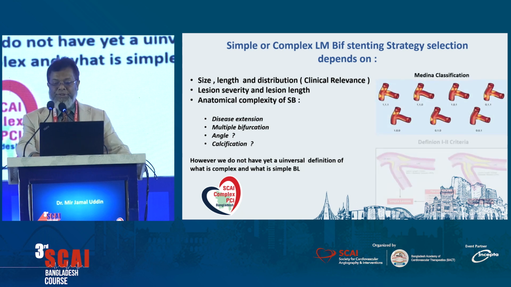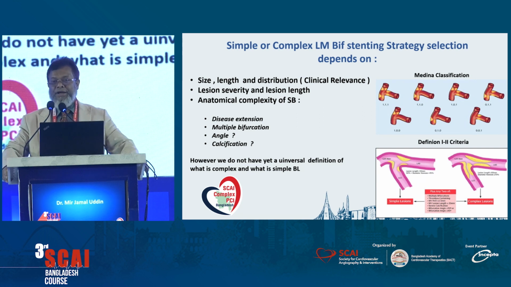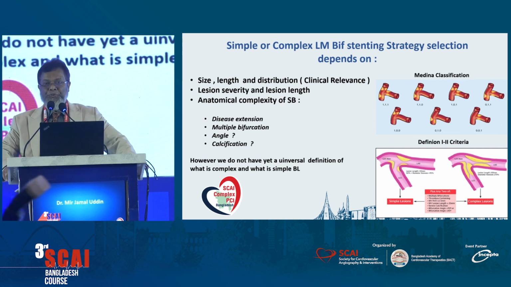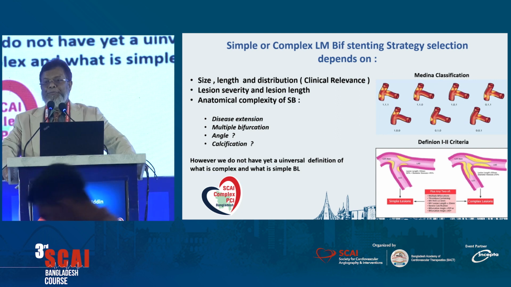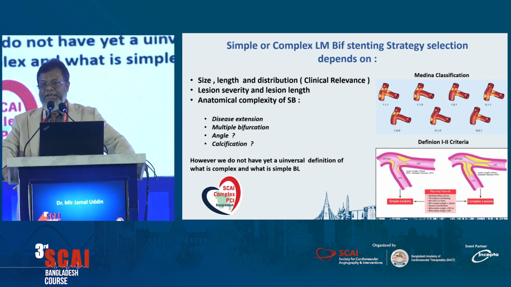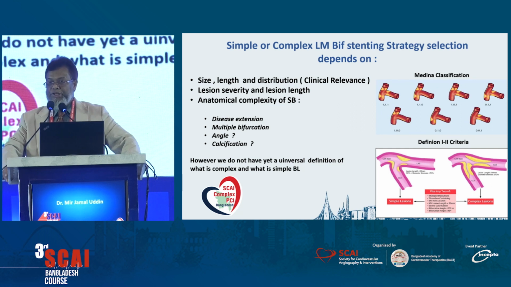As we know, Medina classification and as per definition, 2 criteria: if the side branch involvement is less than 50% narrowing, the angle is less than 70 degree and lesion length is less than 10 millimeter, then we usually will call it a simple lesion.